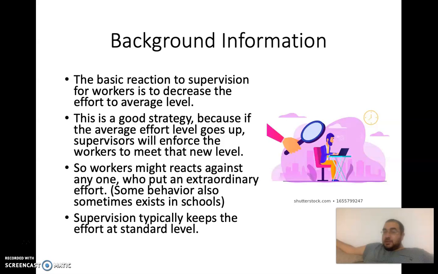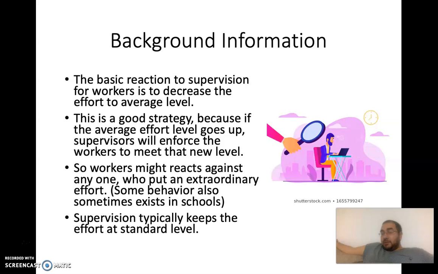The workers just exercise the minimum effort level, and they don't show extraordinary effort. And if any worker is showing extraordinary effort, usually workers don't like it.